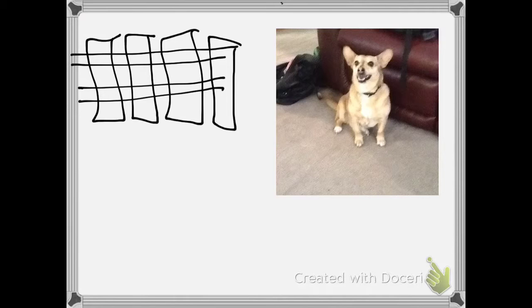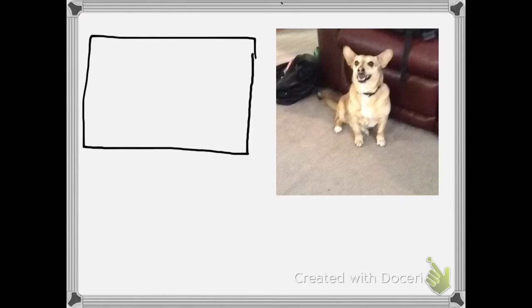So if I wanted to build a fence around the yard to keep my dog in, I would need to know exactly how much fence to buy. Let's say that my backyard is 30 feet long and 15 feet wide, and I need to buy some fence material to keep Hurley in.